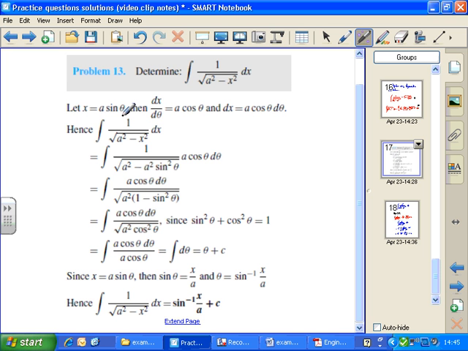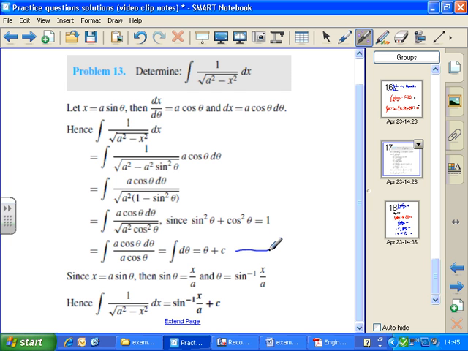We can rewrite this integral, 1 over root a squared minus x squared, as this underneath, and then we can use, and this is why it works, a trigonometric identity to rewrite this. And then if you follow the rest of it through, you can see that the integral just turns out to be very straightforward. The integral of 1 d theta, which turns out to be theta plus c.